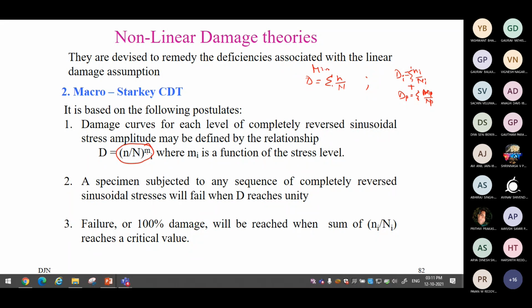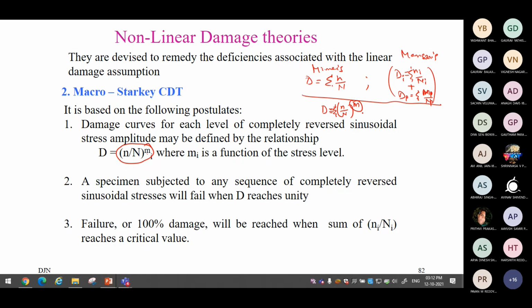This is Miner's rule and this is Manson's rule. Whereas in the Marco-Starkey theory, they proposed a rule where D is the same cycle ratio n by N, but summed with the power m. So this power gives you the non-linearity factor in the equation.